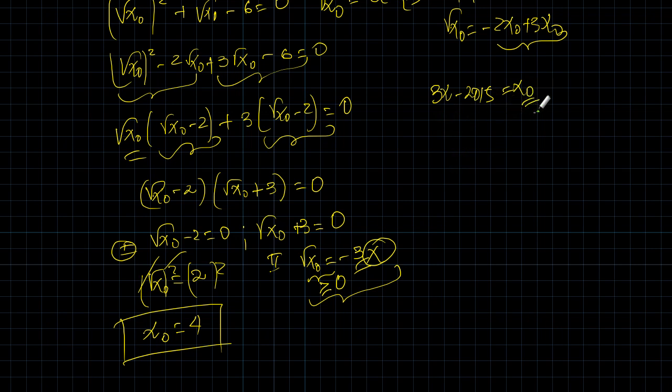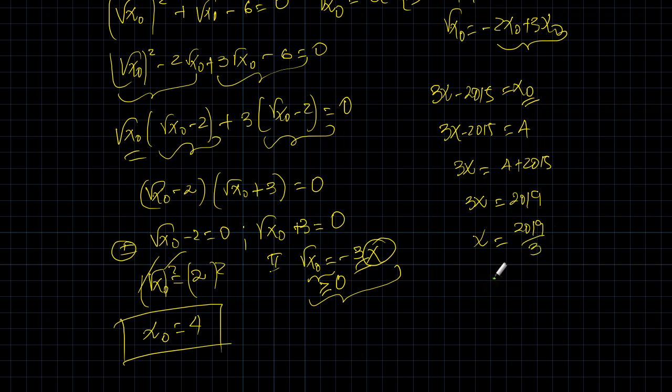Now that our x0 is 4, we have 3x minus 2015 equal to 4. So 3x is going to be 4 plus 2015, so 3x equals 2019, and x is going to be 2019 over 3, and x is going to be equal to 673.